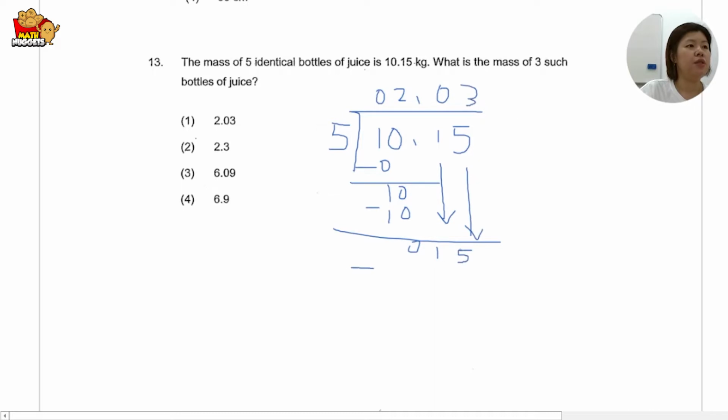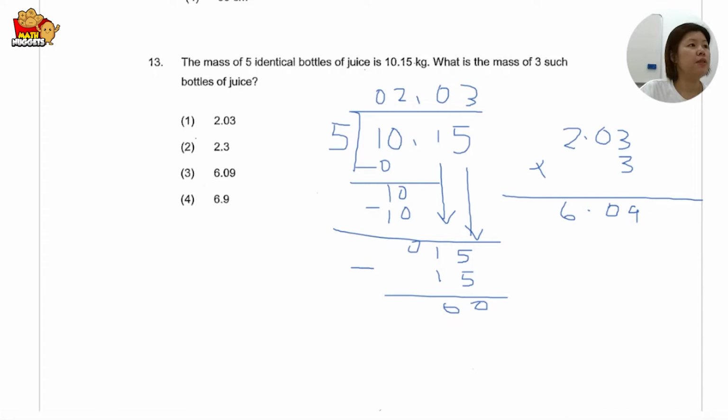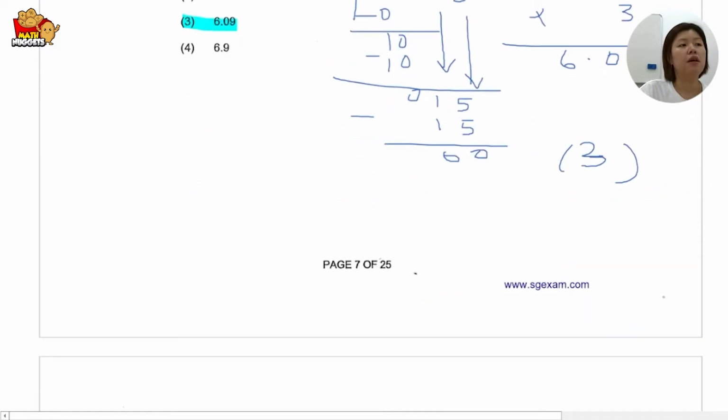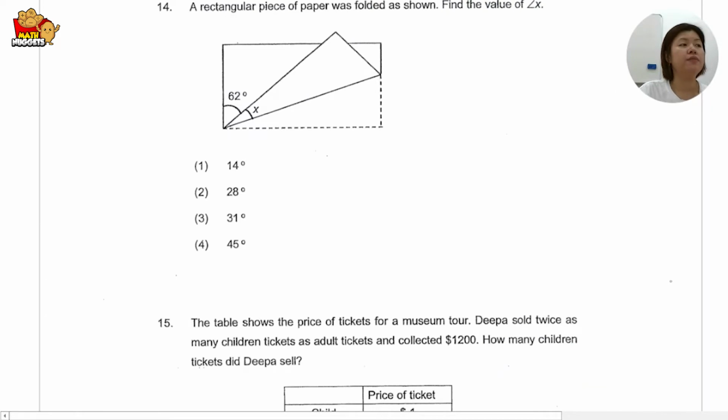It will be 3. So 1 bottle is actually 2.03. So we can take 2.03 times 3. 3 times 3, 9. 3 times 0, 0. 3 times 2, 6. So answer 6.09. Okay, let's move on.